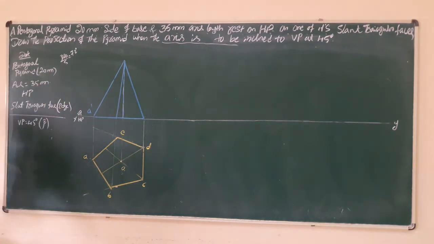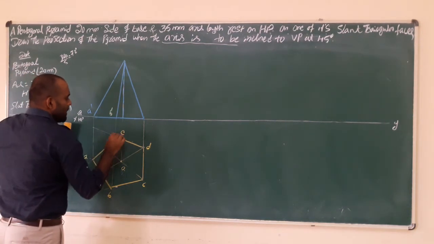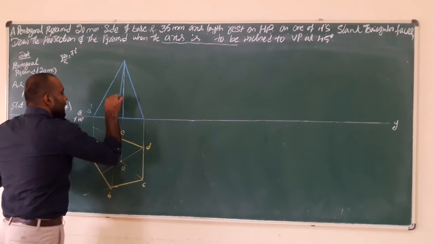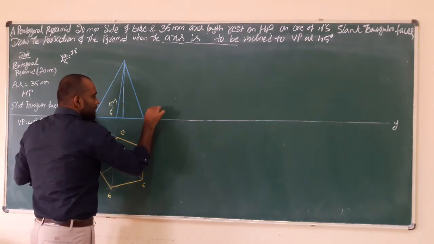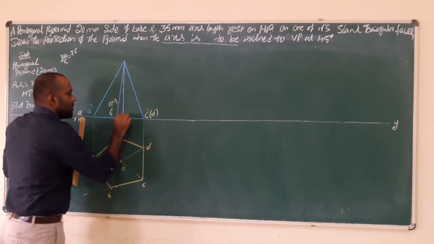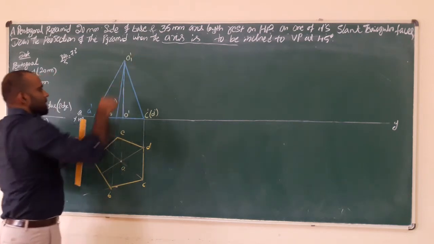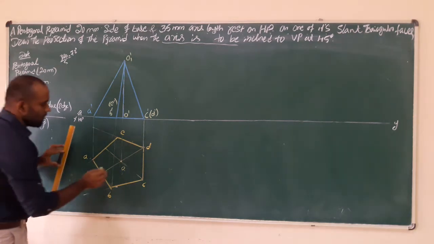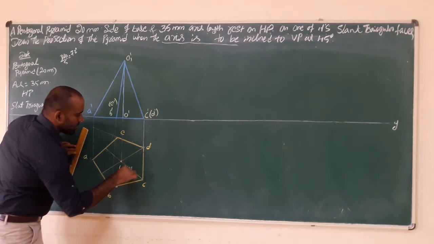B is visible, B dash. E is not visible, in bracket I will write E dash. C is visible, but D is not visible. The point is called O: O, O dash, O1, O1 dash. O dash is not visible, O1 is visible.